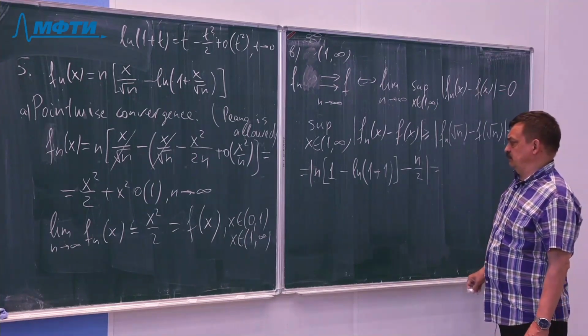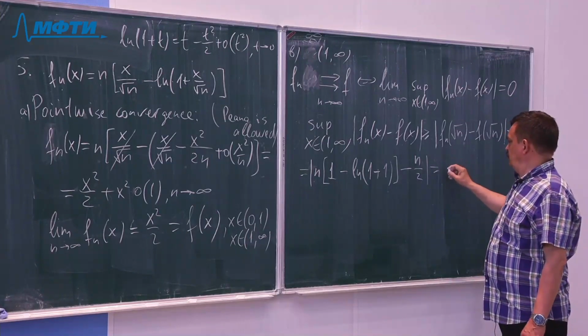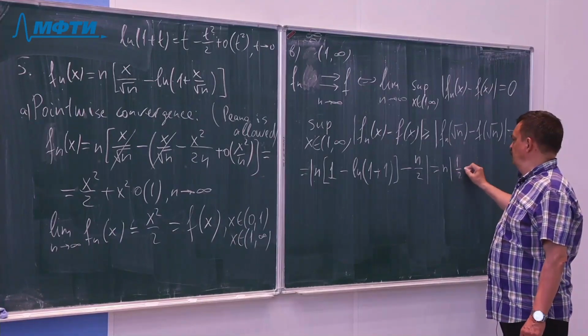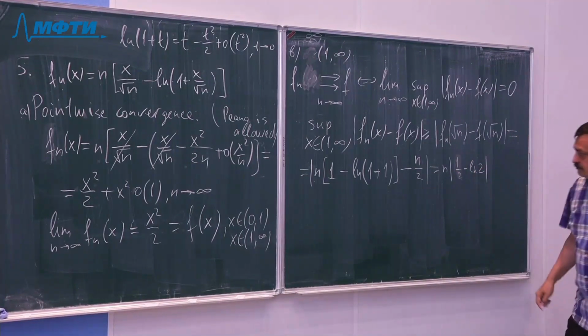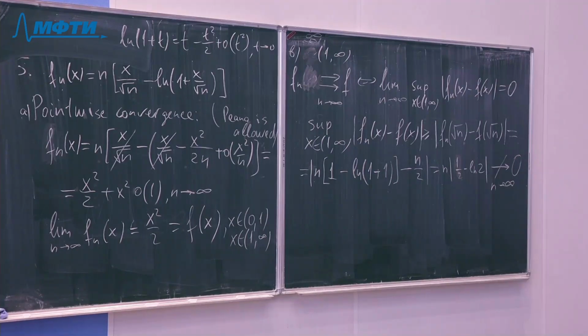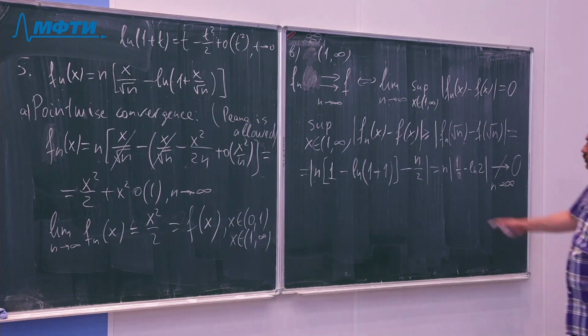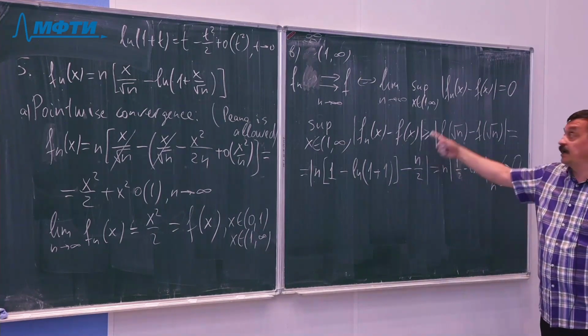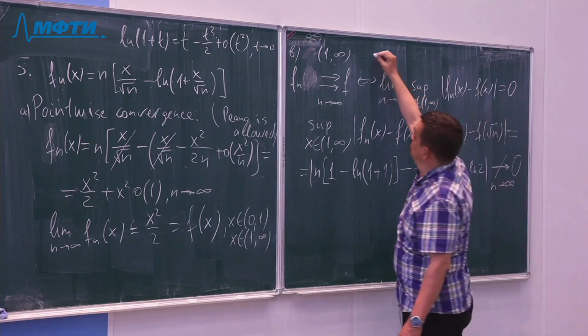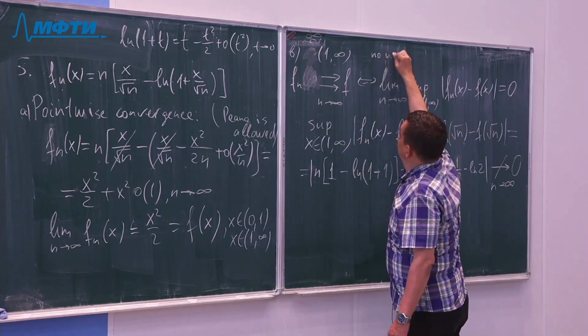That is equal to n times the modulus of 1 half minus logarithm 2. It doesn't tend to 0 as n tends to infinity. In fact, it tends to infinity, but not to 0. So this supremum cannot have a 0 limit. It means no uniform convergence here.